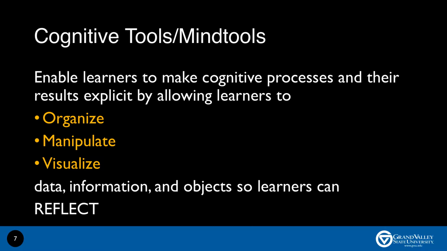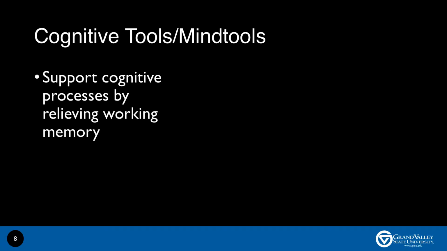Cognitive tools or mind tools enable learners to make cognitive processes and their results explicit by allowing learners to organize, manipulate, and visualize data, information, and objects so learners can reflect. They support cognitive processes by relieving working memory.